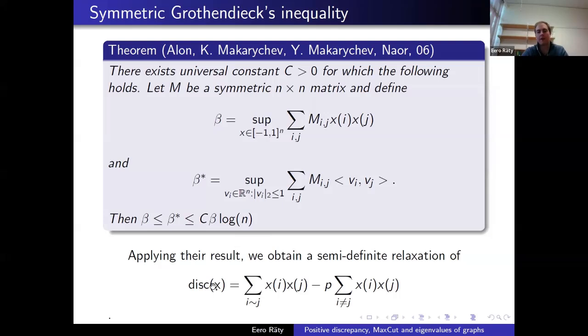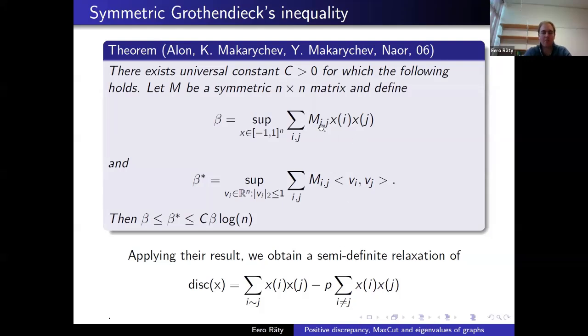So now, if we look at our definition of discrepancy, we are summing over those i and j which are joined by an edge. So for those pairs we have the xi xj term, and then we subtract p times the sum of all the products xi xj where i is not equal to j.